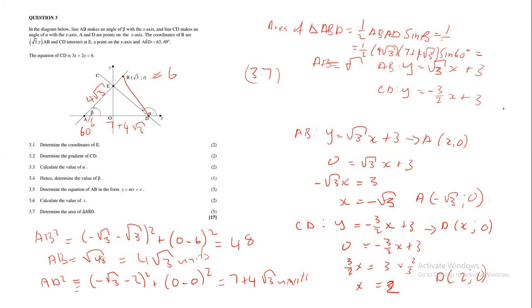So our final answer here is 48.25 units squared. Therefore, that will be the area of triangle 3.7.